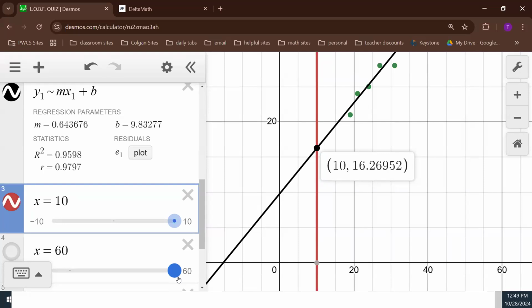So let's say you use 3 or more decimals, which makes this the most accurate. So 6.4, I'll round that to 5, x plus 9.833.